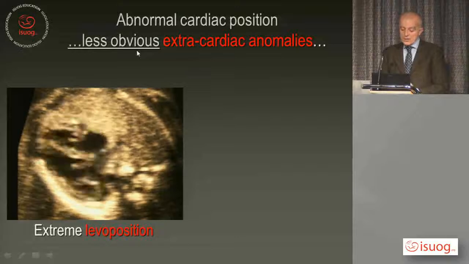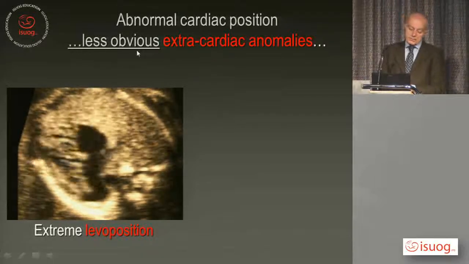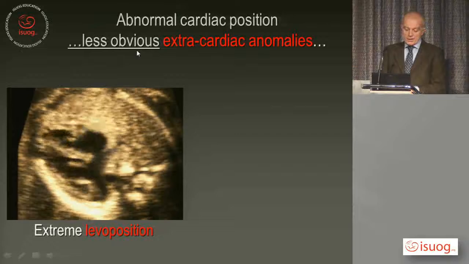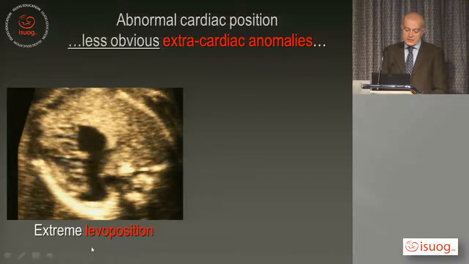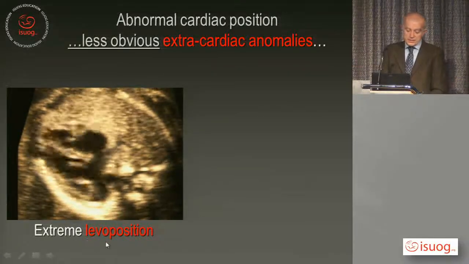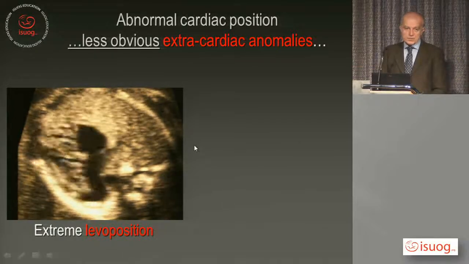Again, less obvious extracardiac anomalies. The heart looks normal, or rather so. The tip is towards the left because this is a vertex, even though I hadn't written it here. But you see, the heart is completely in the left hemithorax. Who says what it is?